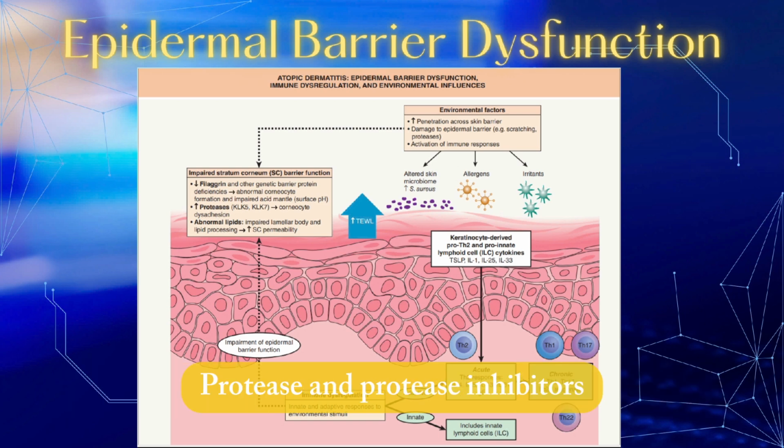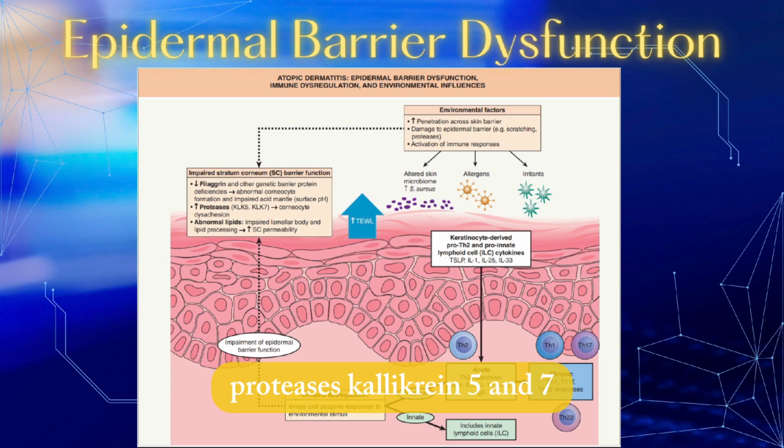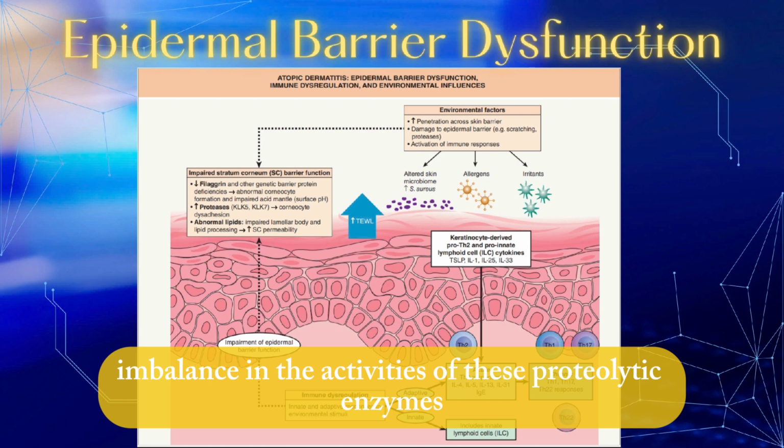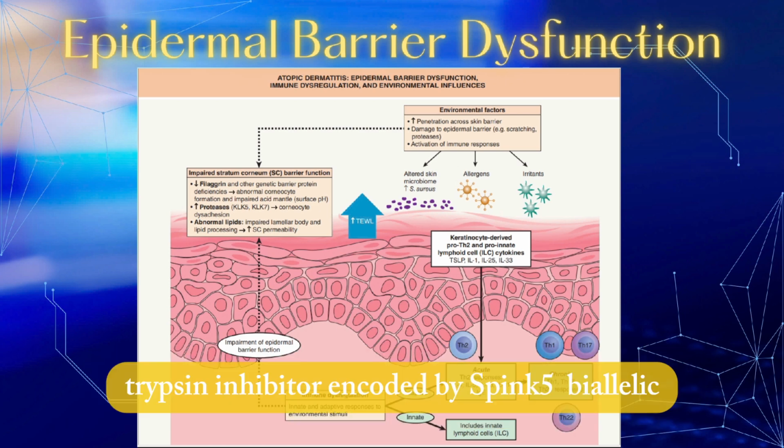Proteases and protease inhibitors. Lesional AD skin demonstrates elevated levels of endogenous serine proteases, kallikrein 5 and 7, due to an imbalance in the activities of the proteolytic enzymes and protease inhibitors, such as lymphoepithelial Kazal-type trypsin inhibitor, encoded by SPINK5.